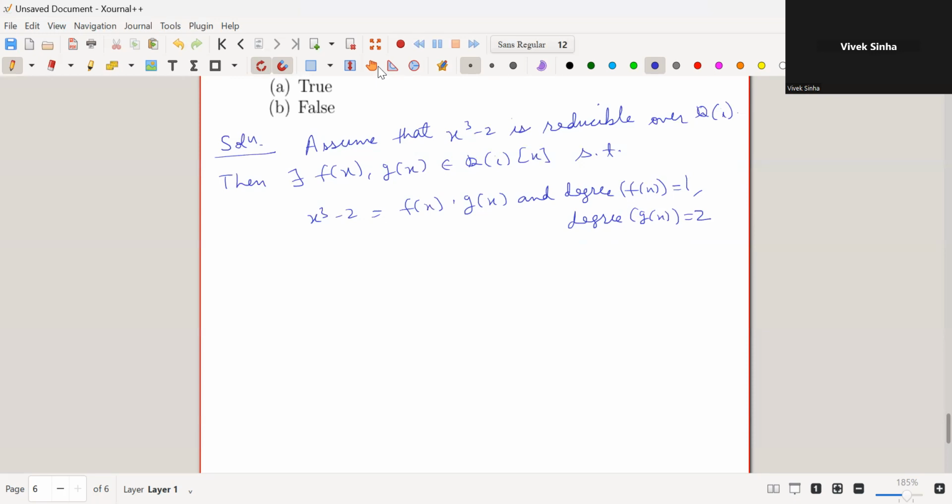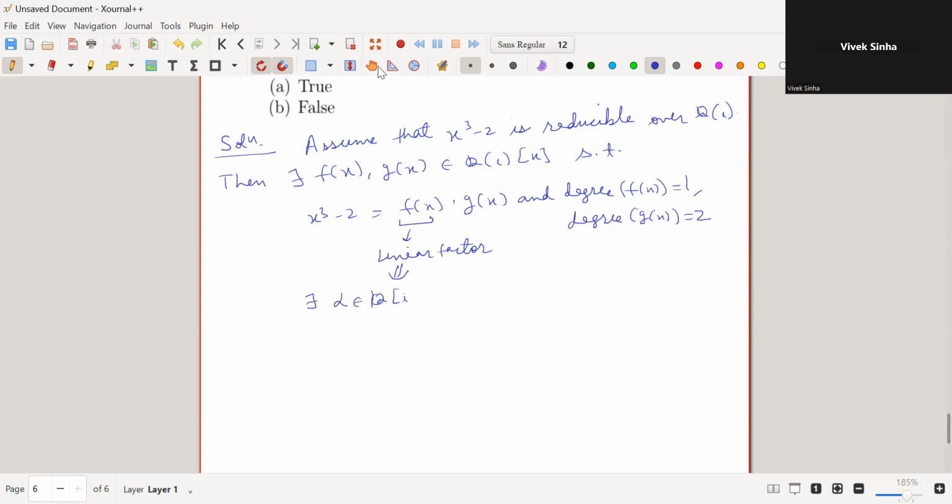So this implies, if that is so, this is a linear factor, a degree 1 factor, and thus there exists some alpha belonging to Q(i).